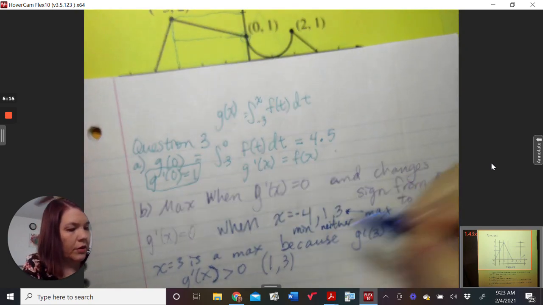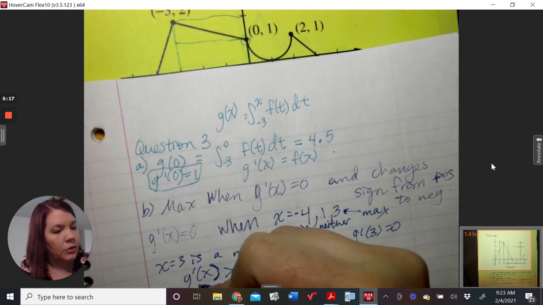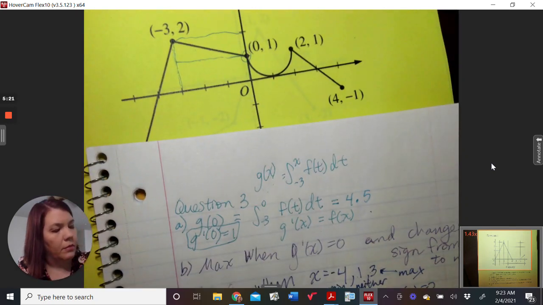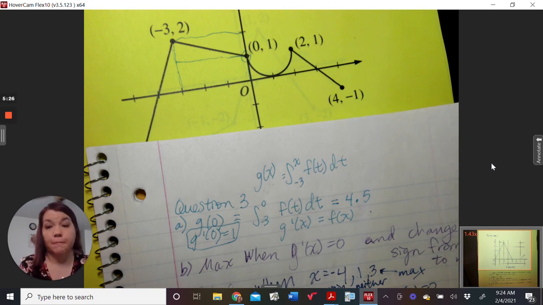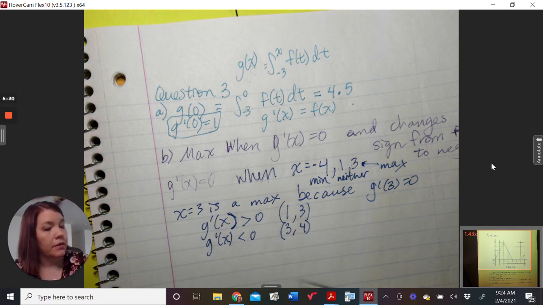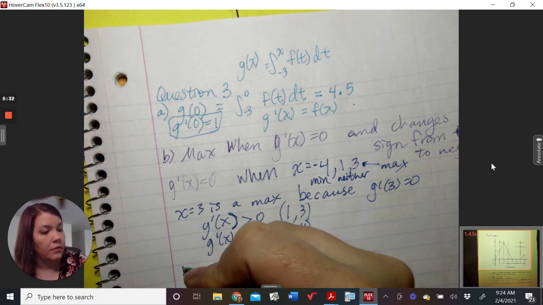From 1 to 3. And g prime of x is less than 0 from 3 to 4. So it changes signs. Good, match, done.